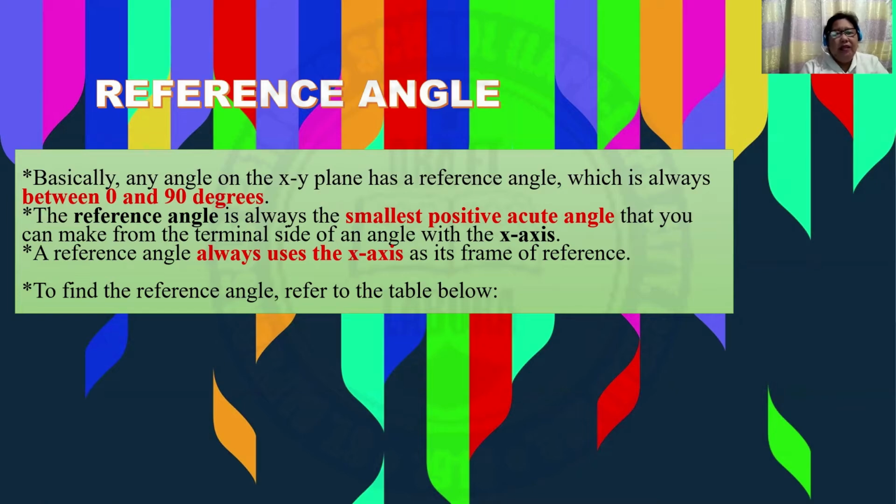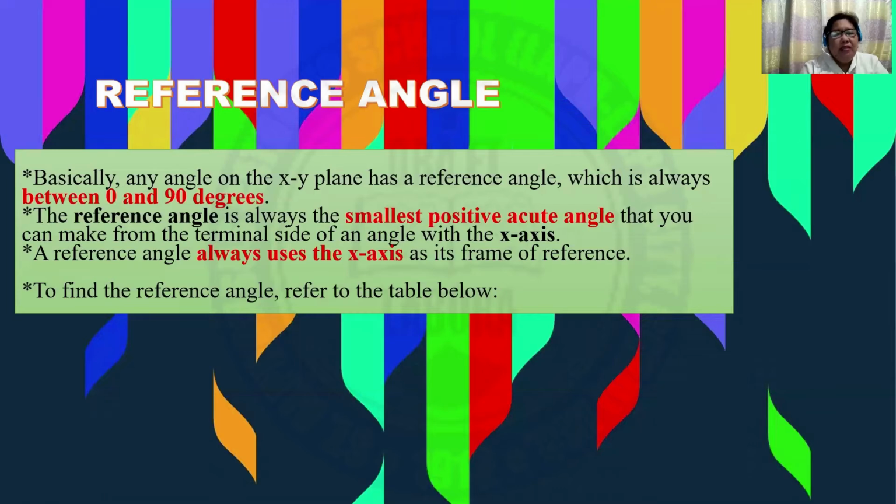The reference angle is always the smallest positive acute angle that you can make from the terminal side of an angle with the x-axis. A reference angle always uses the x-axis as its frame of reference.